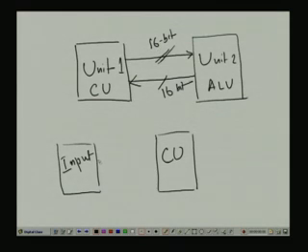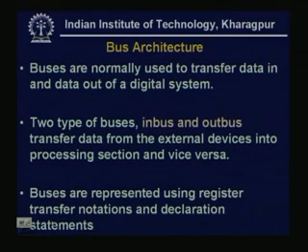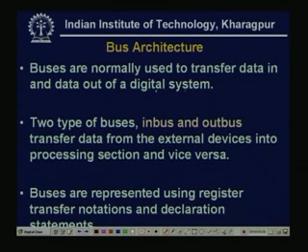Similarly, here also this can be a 16 bit interface line. So, this is a bus. Buses are normally used to transfer data in and data out of a digital system. Now, there are two types of buses, in bus and out bus, which transfer data from the external devices into the processing section and vice versa.